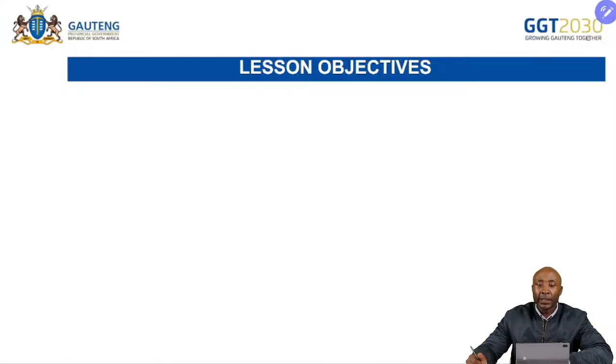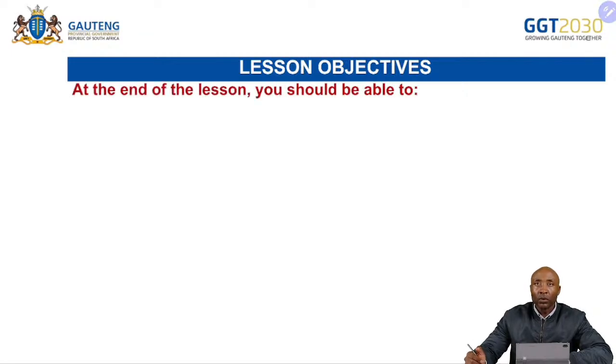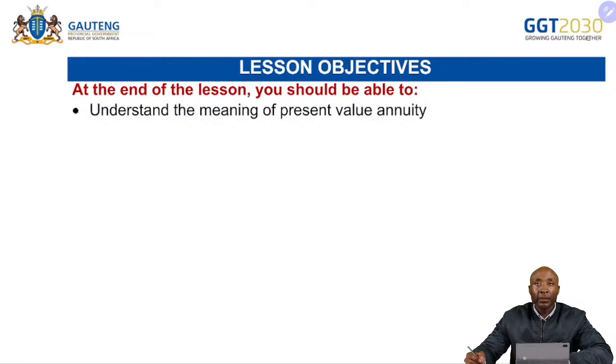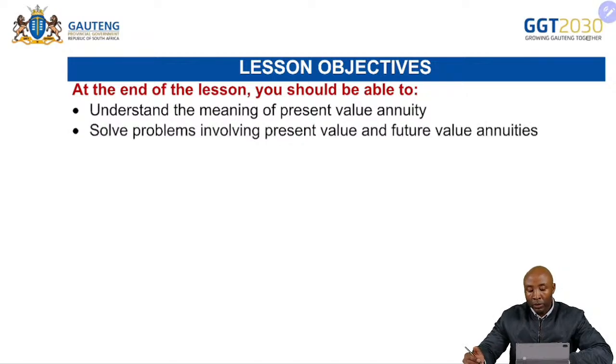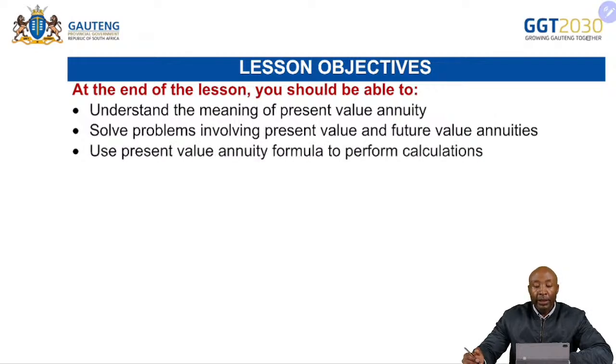At the end of the lesson, we should be able to understand the present value annuity. It was introduced last week and we are continuing from there. We should be able to solve problems that involve the present value annuity and the future value annuity. We should use the present value formula to perform calculations.